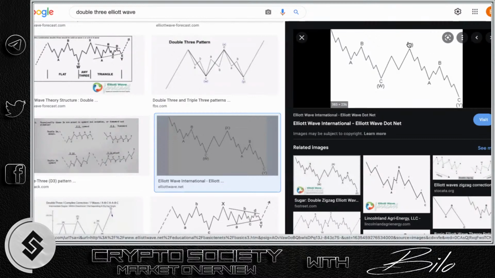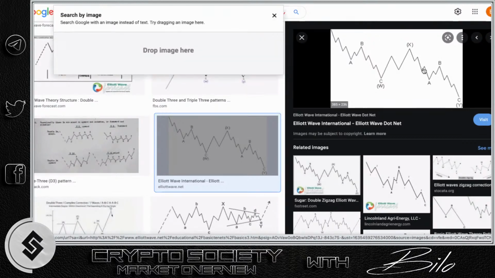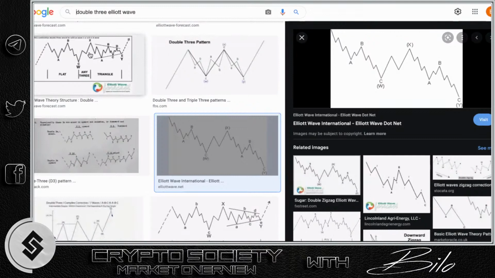This could be a 5-3-5 formation, or it could be an ABCDE. It doesn't matter. Okay, but here you go back to the one that you're looking at there on the left. This one here. And it says triangle. The dotted line at the end goes upwards. I get it. It doesn't matter. But from the left, it comes from the bottom. Yeah, but it doesn't matter. Oh, really? No, it doesn't matter.